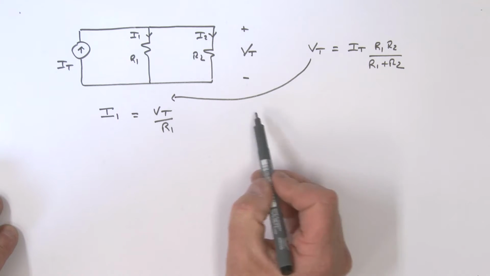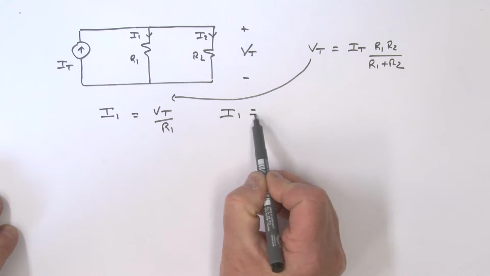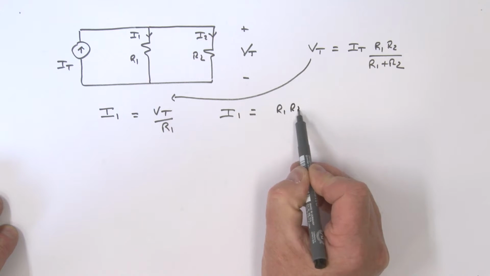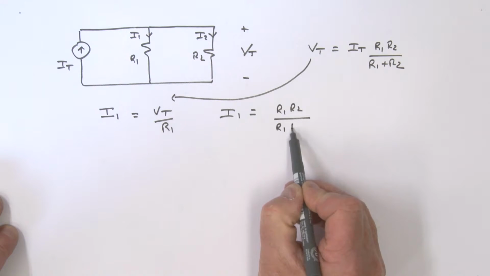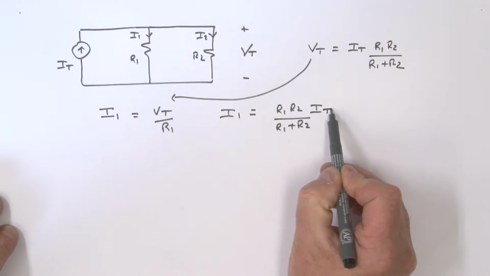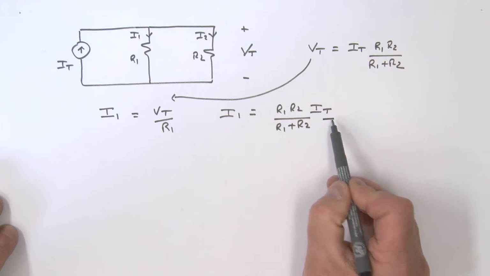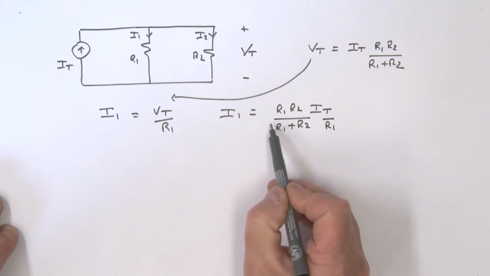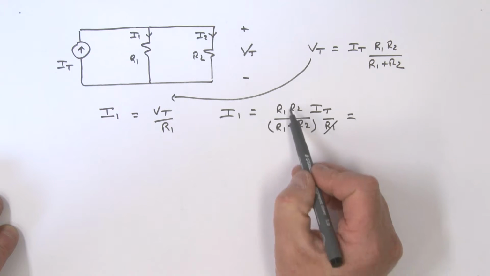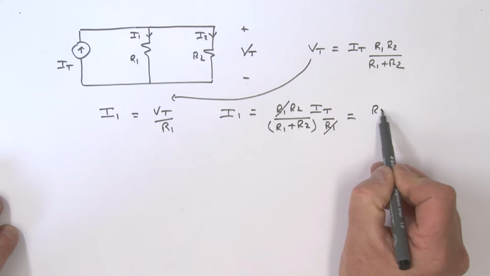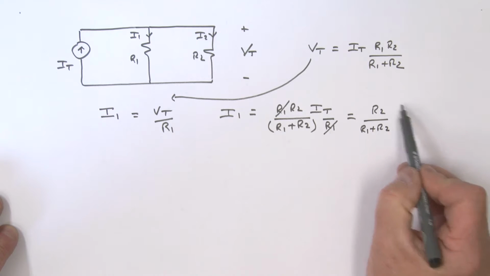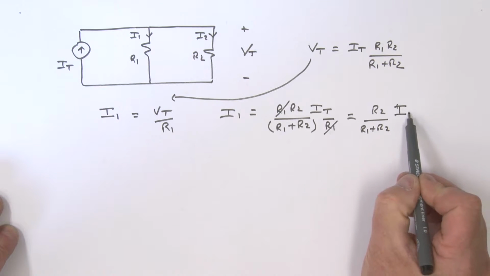Let's put that in here, and we can say the current I1 is equal to R1 R2 over R1 plus R2 times IT, and that's divided by R1, isn't it? Okay, so what is that equal to? That is simply equal to R2 over R1 plus R2 times IT, isn't it?